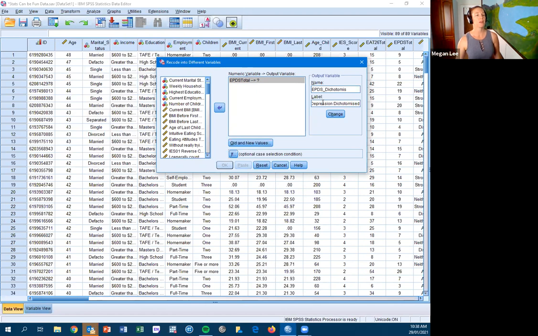There are heaps of different ways that you can look at variables when you get them, which I really like, and you can do different analyses on them and see if they support each other.